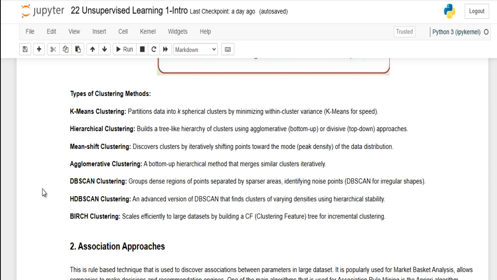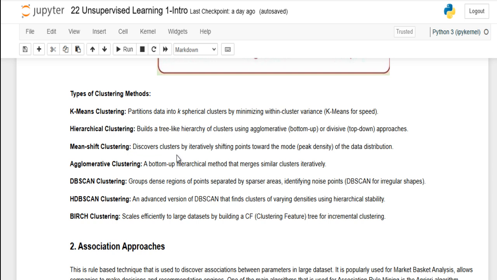We also have BIRCH clustering, which scales efficiently to large datasets by building up a clustering feature tree for incremental clustering. So we have several types of clustering.